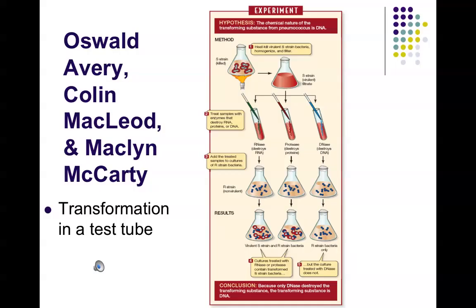It led to the distinct conclusion that DNA must be the transforming principle, and that DNA was responsible for the transformation of the living rough Streptococcus pneumoniae when exposed to what I often call the little dead body parts of the smooth, virulent, heat-killed Streptococcus pneumoniae, that it was the DNA in that mixture that was somehow taken up by the rough cells and then transformed those rough cells into smooth.